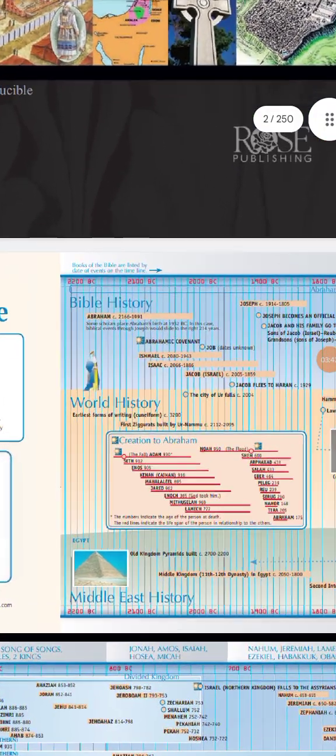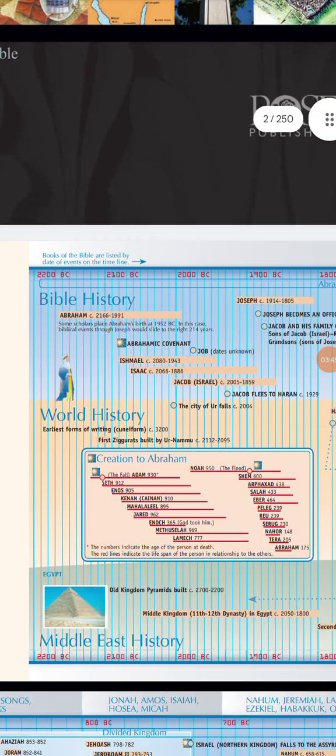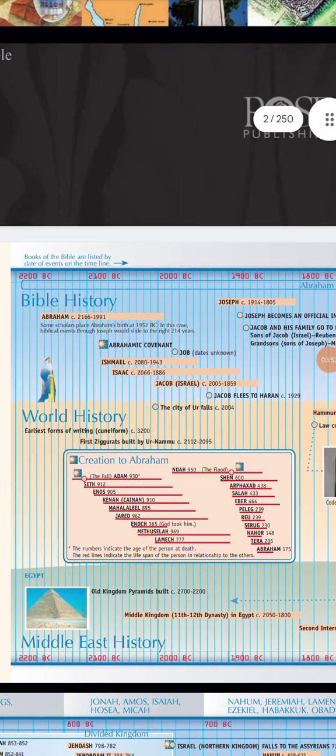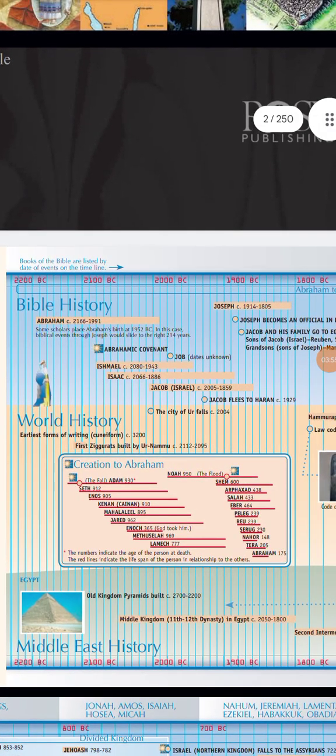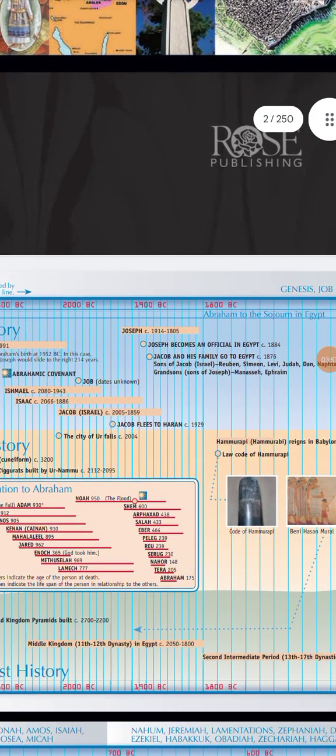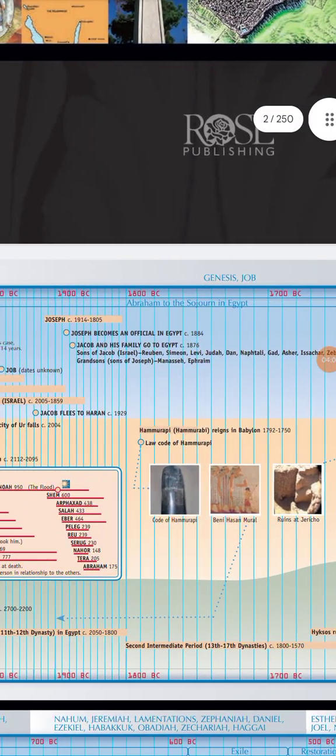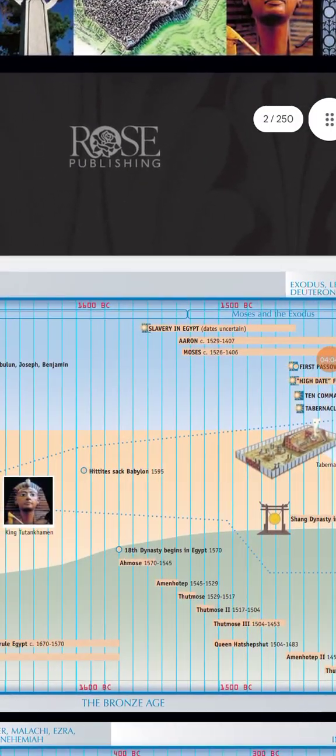So right here it says Bible history, 2200 BC, Bible history starting with Abraham, and then it has different chronological dates concerning our ancestors, starting with Abraham.